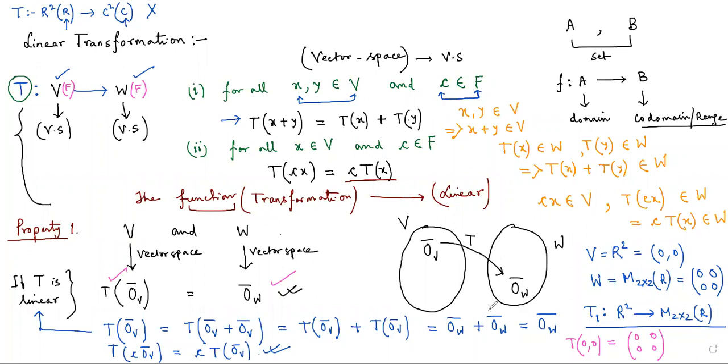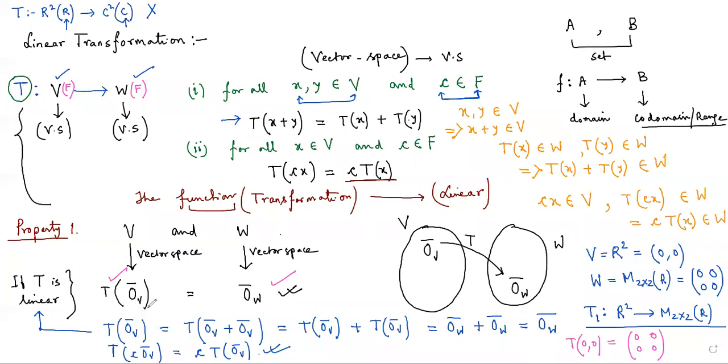Sir, this is the property of what? By proving this, which linear property are we satisfying? It is a property of linear transformation, one of the properties. If we define any function, it is not necessarily going to take the zero vector of one vector space into the zero vector of the other vector space.